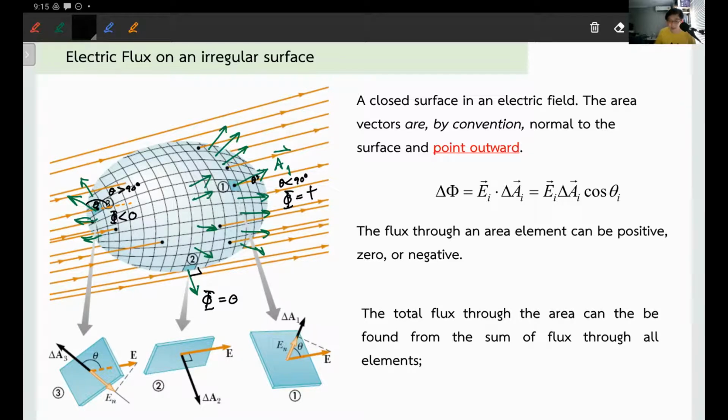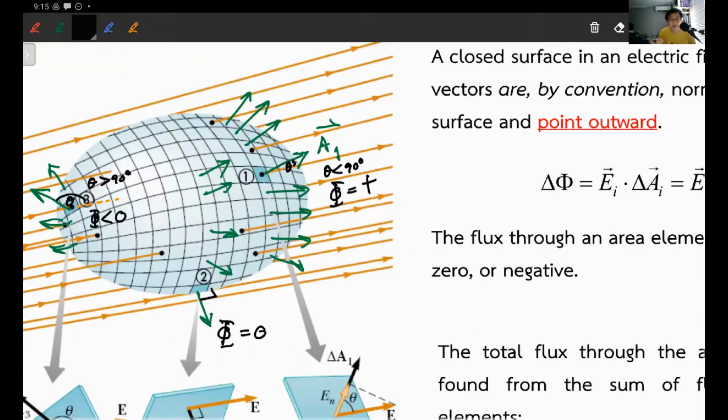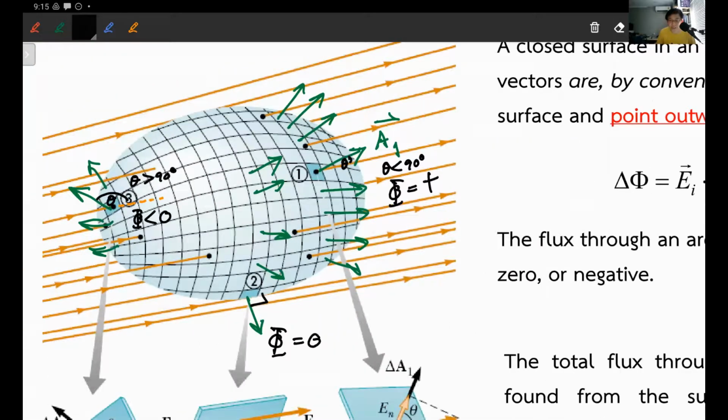So that means if I can count all of this amount of flux through this tiny surface, just count all this flux. That's why in the textbook they put a delta flux here. A delta means it's just the flux through that tiny surface.